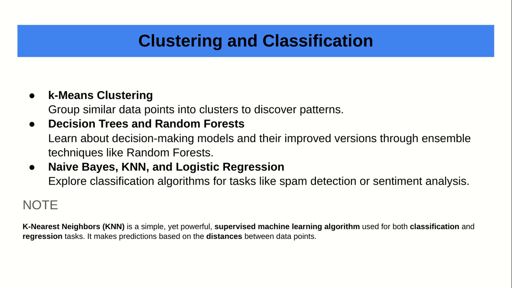So these decision trees learn the patterns that have been created from the clustering process. And then we have k-nearest neighbors algorithm and logistic regression algorithm, and they are used to explore classification algorithms for tasks like spam detection or sentiment analysis.